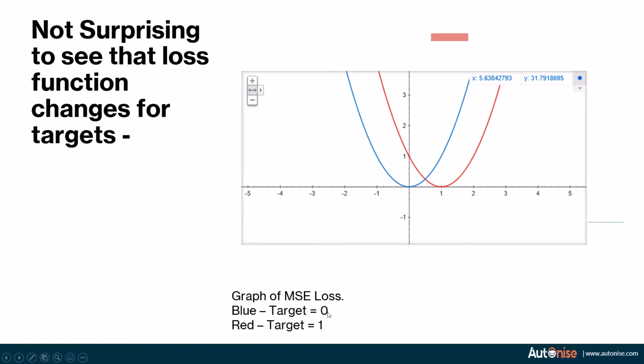And when the target is 1, our MSE loss looks like the red graph. That's obvious because when the target is 1, the loss value should be equal to 0 when the model outputs 1. So this is how the graph looks for the MSE loss with different targets.